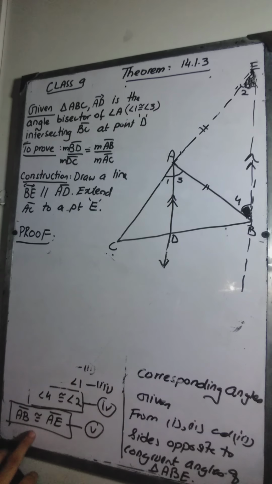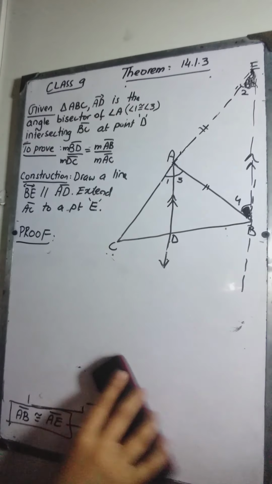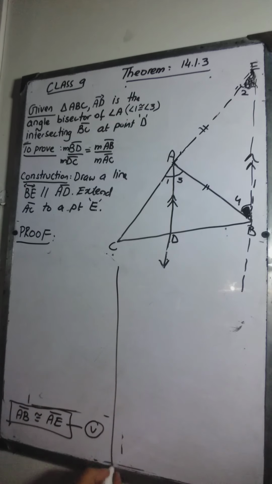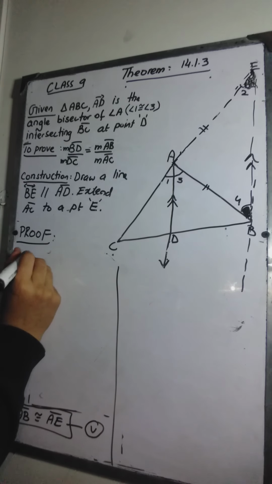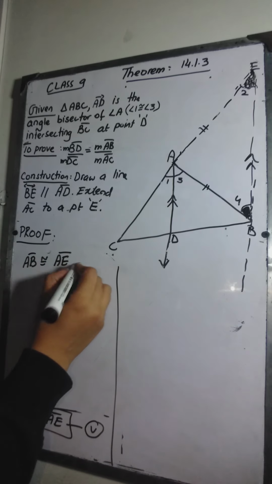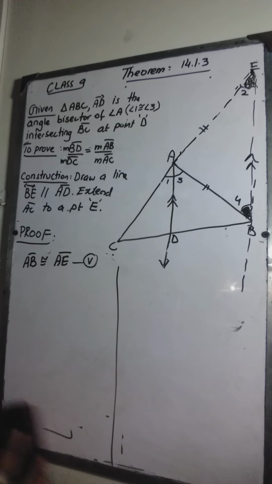Okay, so I will write this equation again. I won't write the reason again because I have already written it. We have the result AB congruent to AE. Okay, this was equation 5. I'm going to use it now.